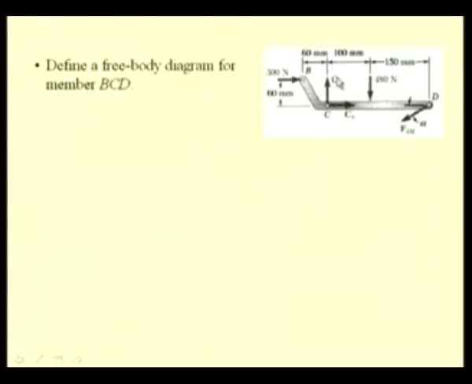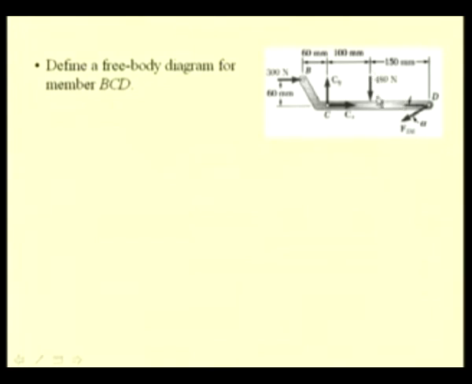So, we represent it by two components of reaction Cy and Cx, and at D we have the force coming from a two force member, which is of unknown magnitude and known direction. So, the direction of this force is along the member DE, and from geometry we know the direction of this member DE.